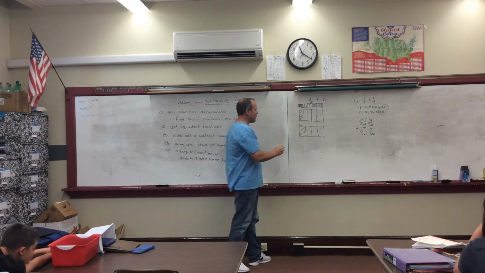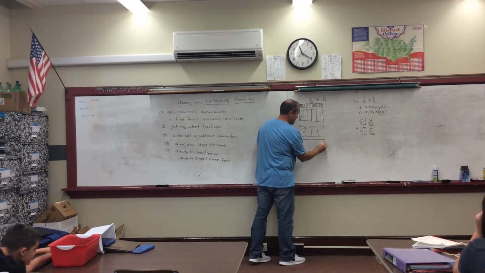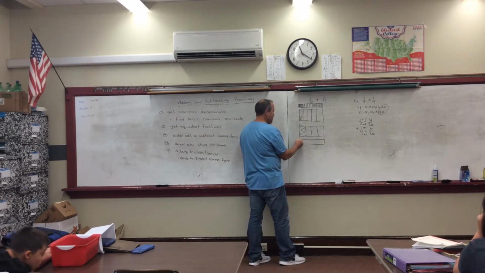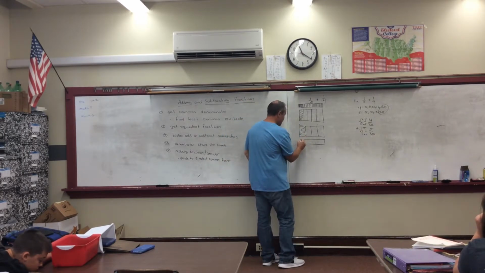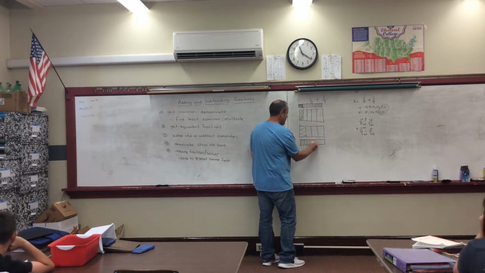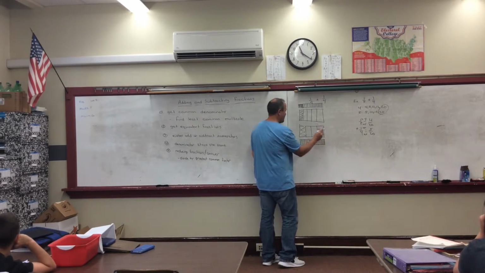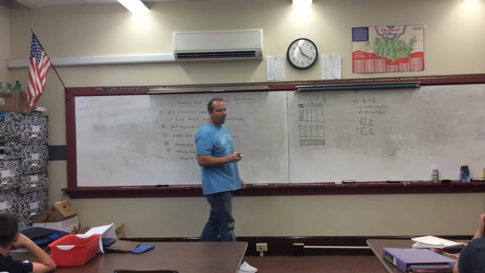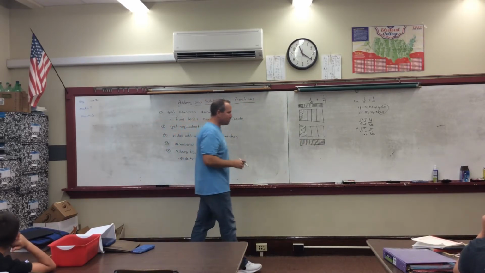Now we come down to this one. We're going to break that into 20 sections as well. 1, 2, 3, up to 20. Not real perfect. If I were to get a ruler out, I could have made it a lot more perfect.